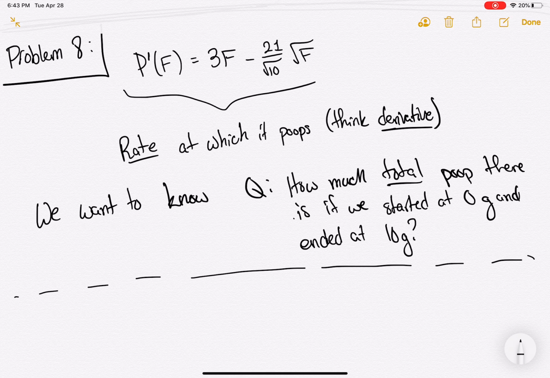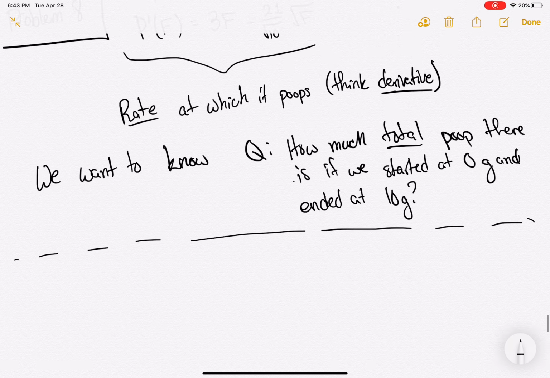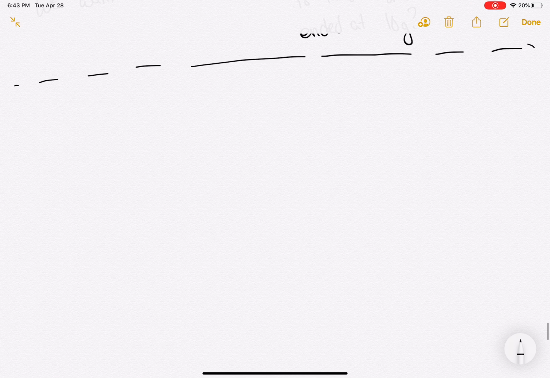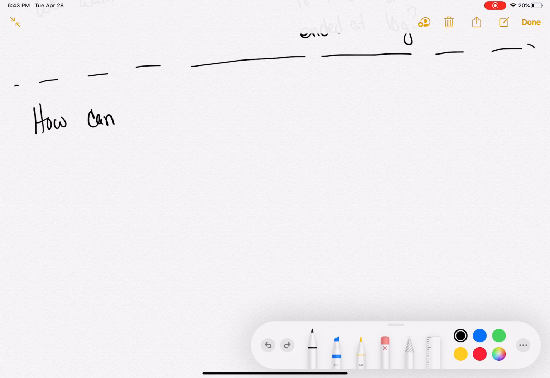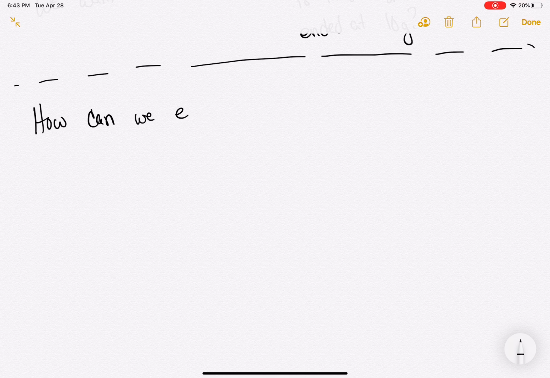So P by itself, how can we extract P of F from P prime of F?